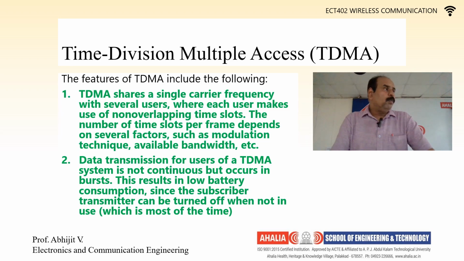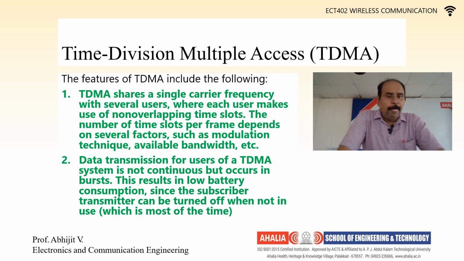Next, we'll write down the important points or the features of TDMA. TDMA shares a single carrier frequency with several users where each user makes use of non-overlapping time slots.